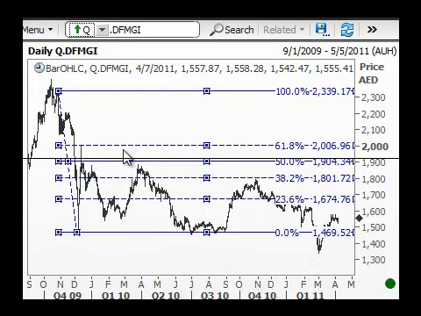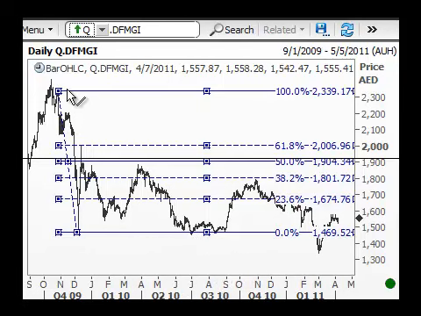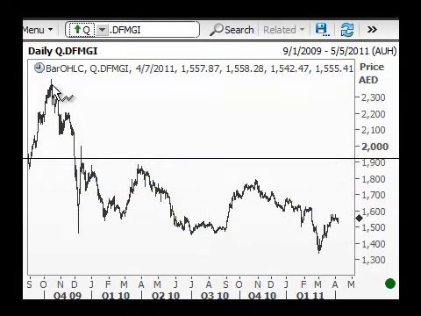Now, if you go back and look at my previous chart on 6th of May 2010, you will see that I have described this as a fourth wave, and this was a fifth wave. So that completes the third wave from the top. What I mean is, from here to here is wave 1, up to this point is wave 2, and then we had 1, 2, 3, 4 as a triangle ABC, and then a fifth.